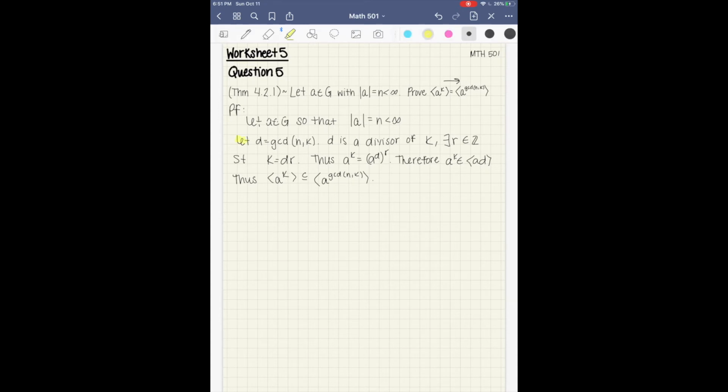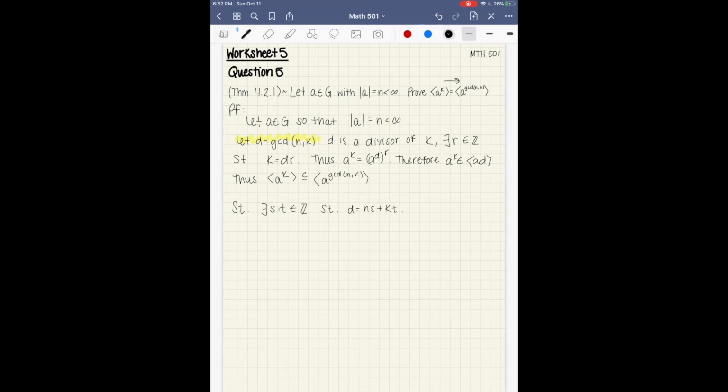So I'm going to use again that d is equal to the greatest common divisor of n and k, so that there exist s and t that are also integers, so that d is equal to ns plus kt.